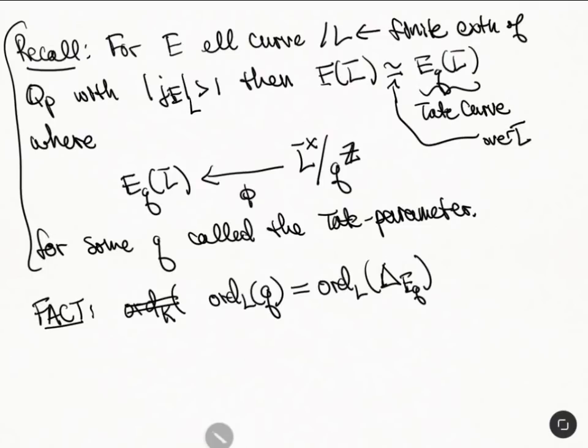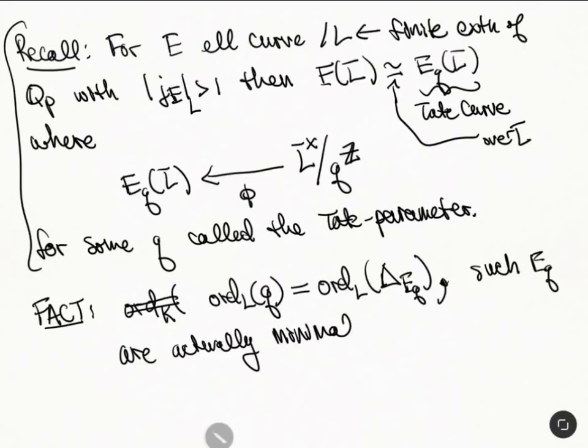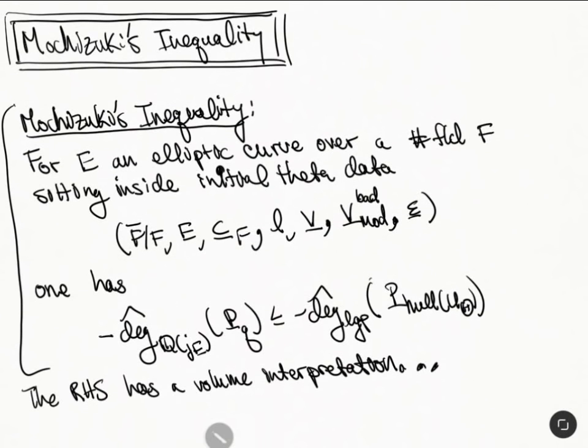And also, for such E_q, these are actually minimal models, at least local minimal Weierstrass models. So that tells you that this thing will actually be a factor of the minimal discriminant. Okay, I'll go back to that in a second. So we've described this one side here.